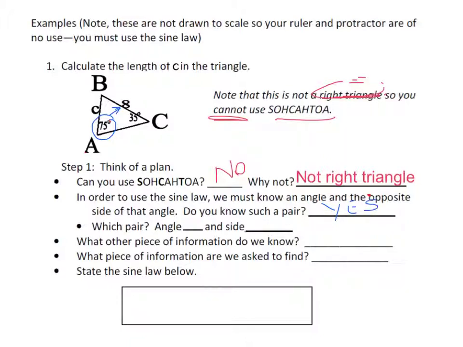So if we look here, angle A and side A. What other piece of information is given to us? Well, we have angle C, which equals 35 degrees. What piece of information are we asked to find? We want to find side little c.